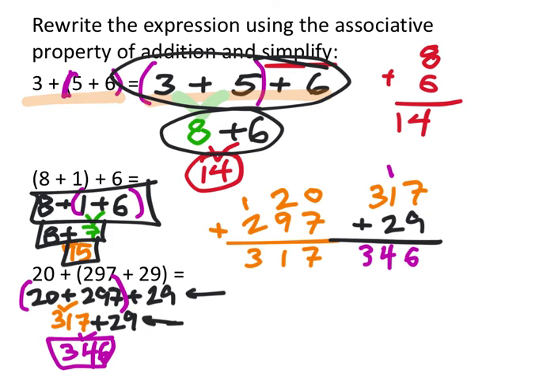But the commutative property means that you can move those around as much as you want, or you can group them however you want, however is more convenient, I should say. So these two properties, the reason why we go over these so early is because they can make things extremely convenient for us.